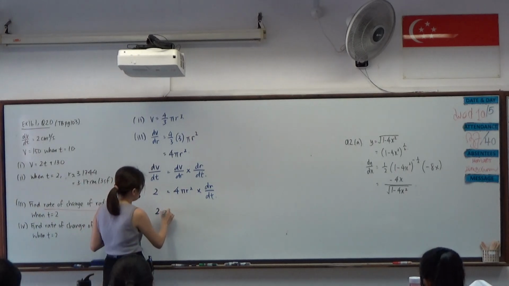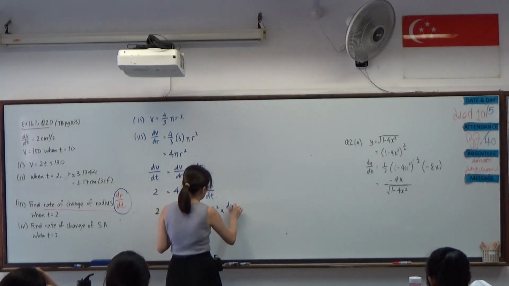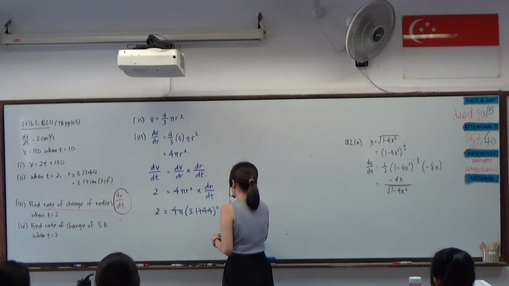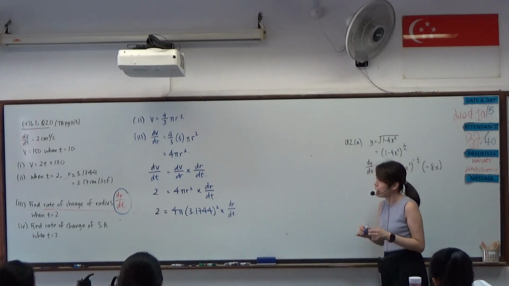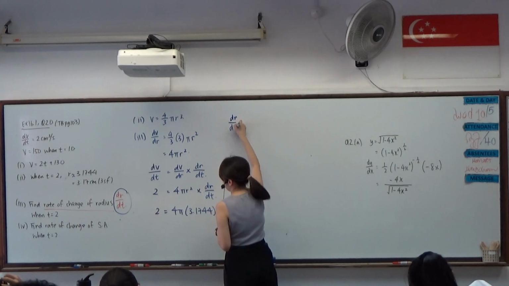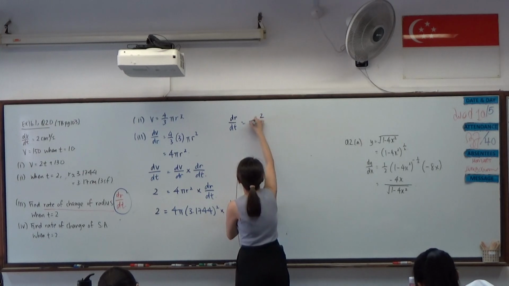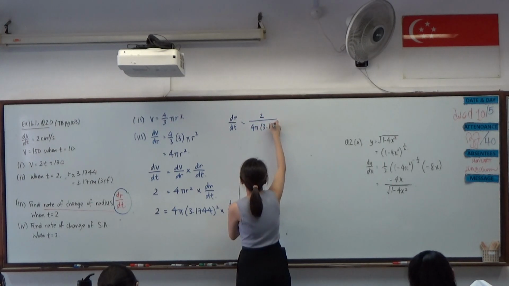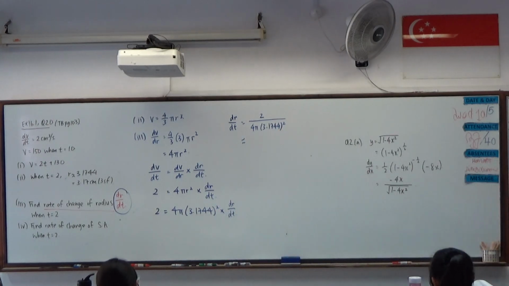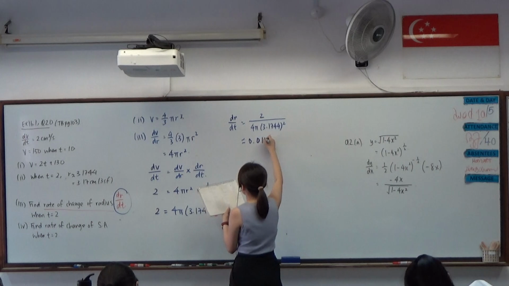So here we substitute the r value 3.1744 and manipulate the equation, and we will get about 0.015794.